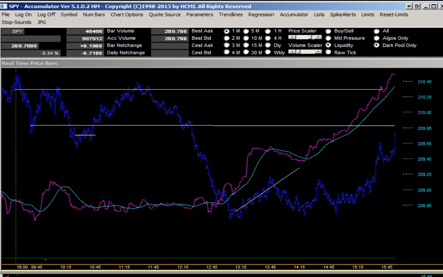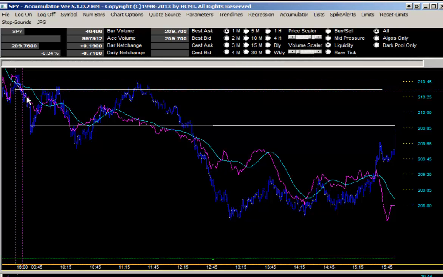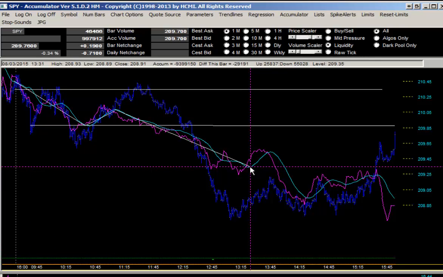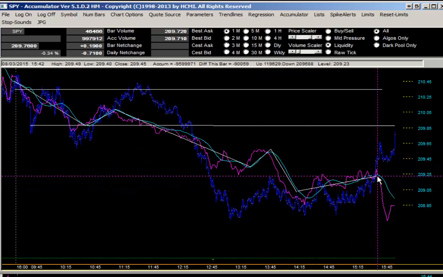Well, here we go. We can see that if we look at the overall liquidity accumulator, let's take off a couple of these trend lines. And all these features you get with your software, by the way. So let's draw a picture of what the overall accumulator looks like. And say about like that.